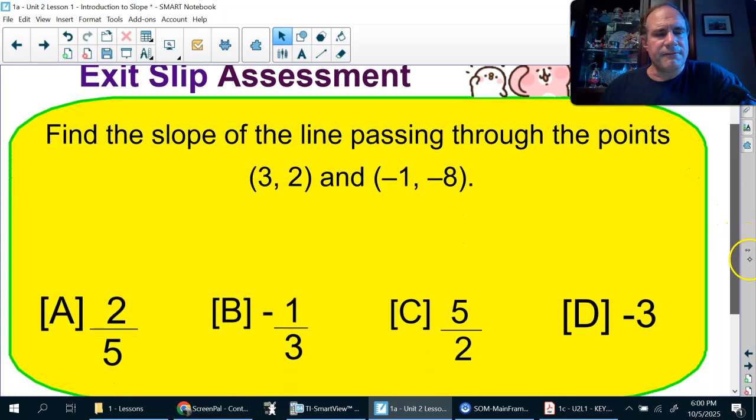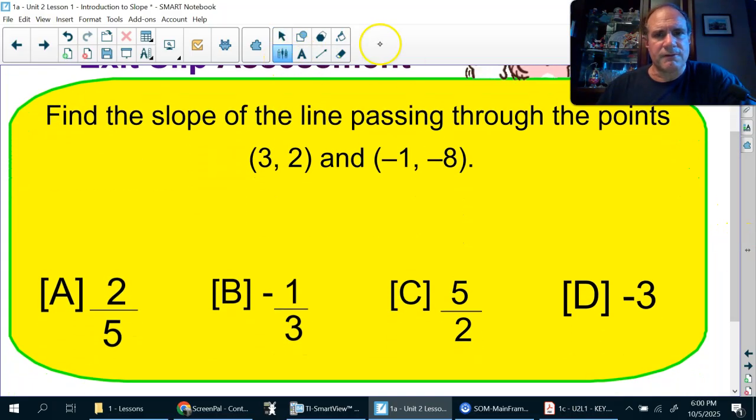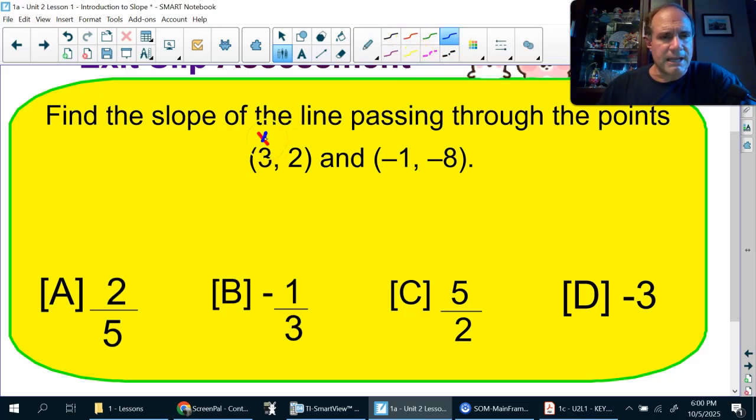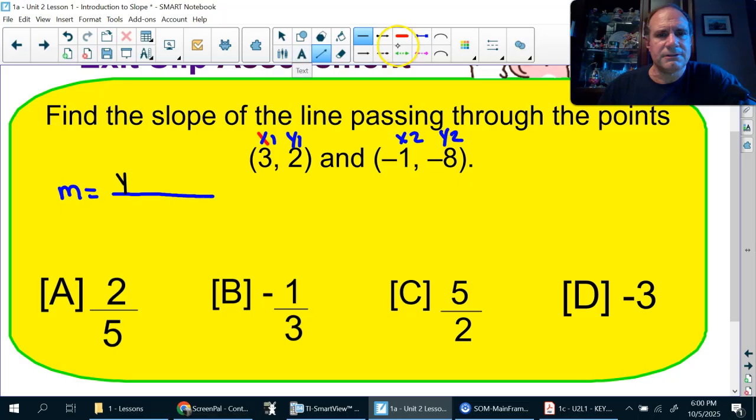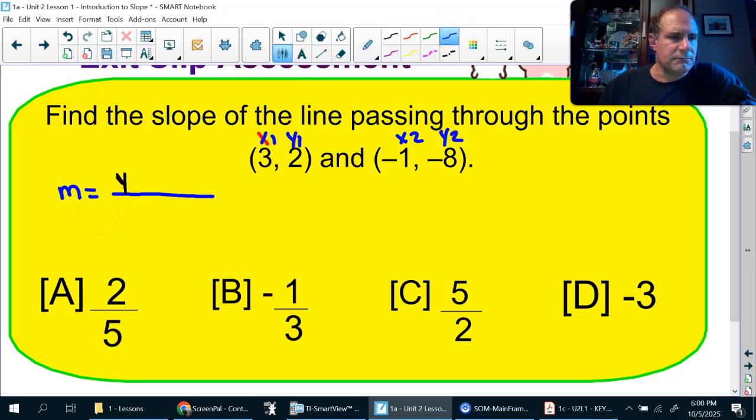And in the last slide, find the slope of the line passing through these points right here. And we are going to put x1, y1, x2, y2. Remember, always write the formula down and always be as careful as possible with the minus signs and the negatives and stuff like that, so you don't make a mistake that you could have avoided.